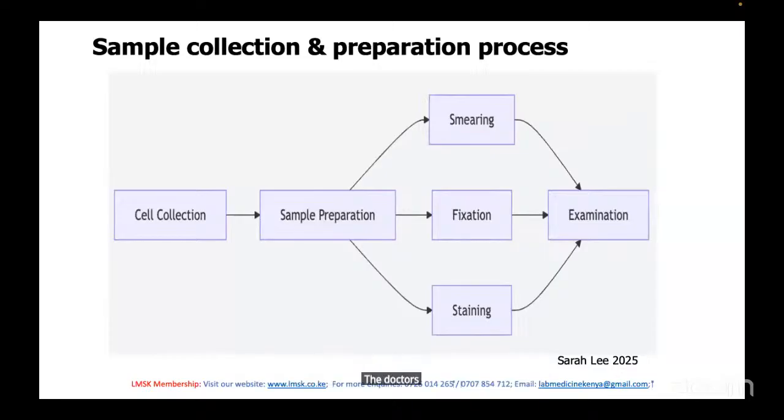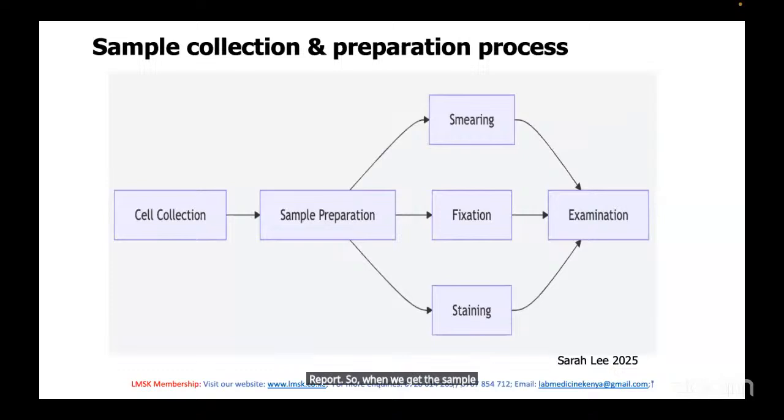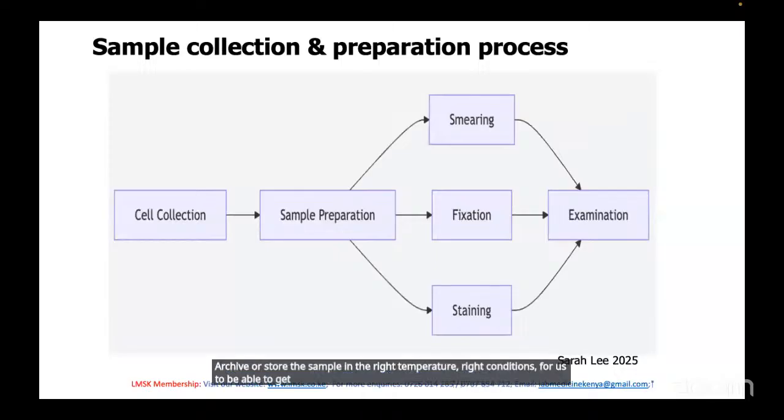And when we get those specimens, it's important to know that we are supposed to do a proper sample preparation before we smear, fix, and stain, before the specimen now goes to the end product, that is the examination and the generation of a report. So when we get the sample, we have to know how to archive or store the sample at the right temperature, in the right conditions, for us to be able to get accurate results.